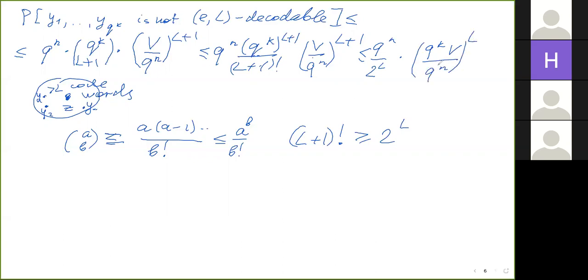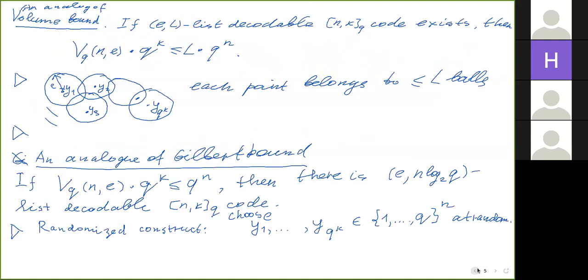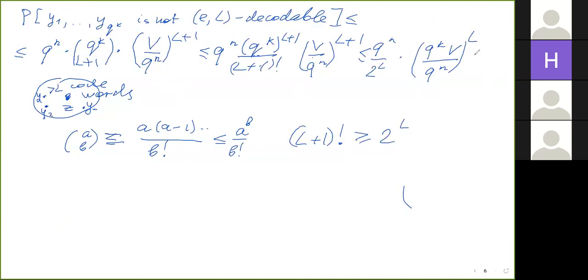And by assumption, q to the k times V over q to the n is at most 1. So this is our assumption. So our probability is then upper bounded by q to the n over 2 to the L. Actually, one of these inequalities is strict.